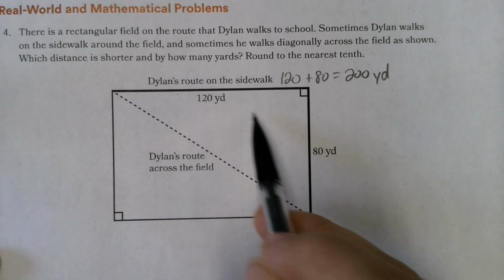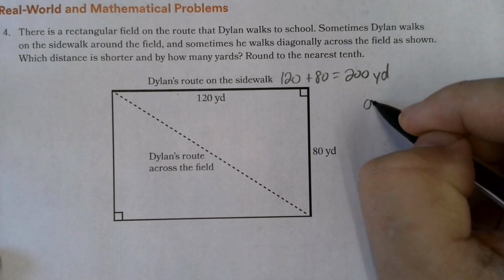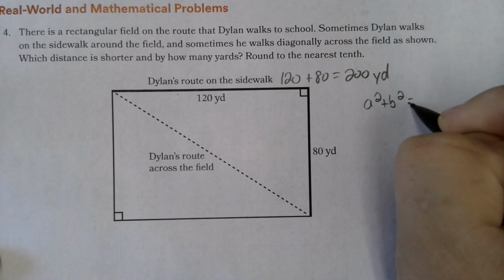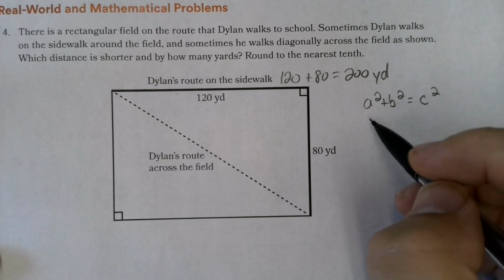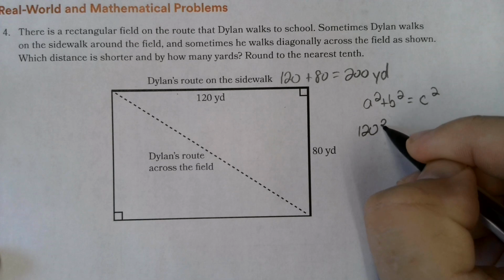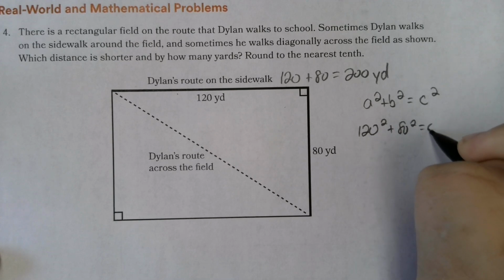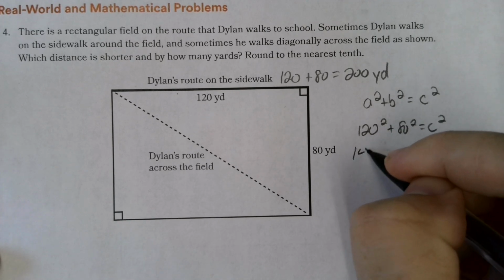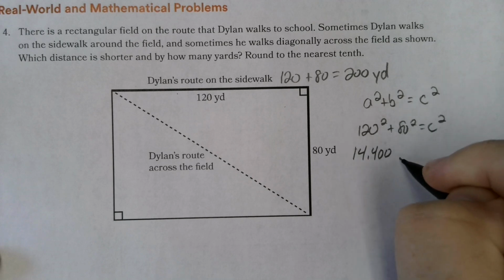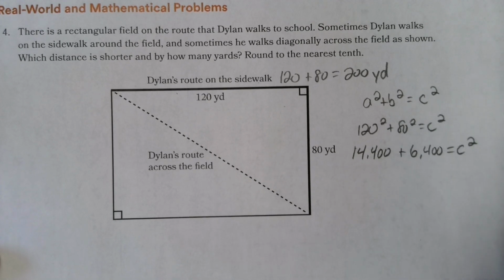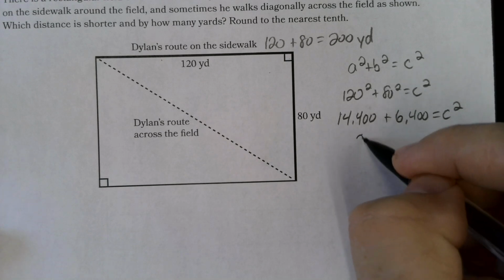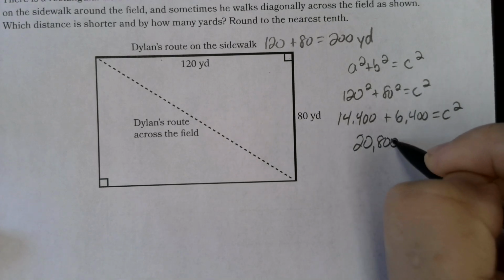We have the legs of a right triangle that we can use to figure out what Dylan's route across the field is. So we know the two legs, and when you square these, you get 14,400 plus 6,400. When added together, it gives you 20,800.